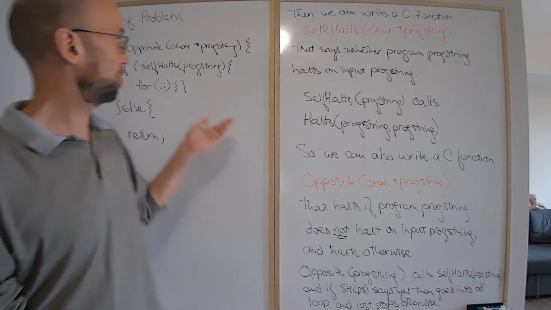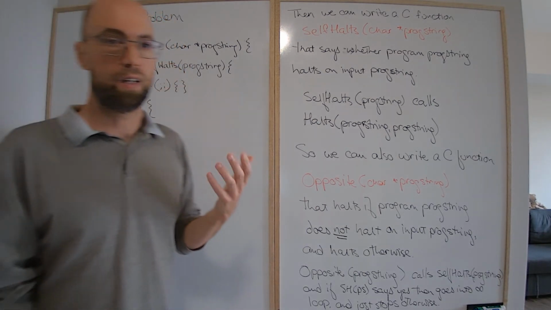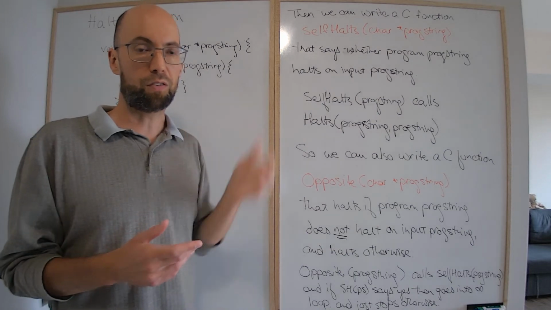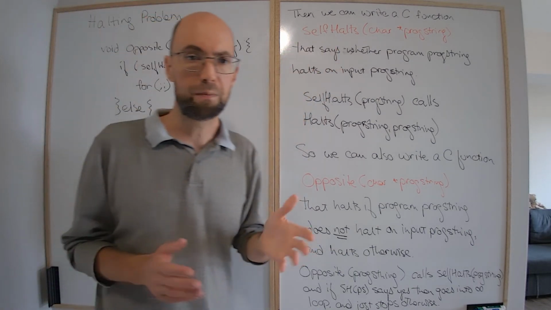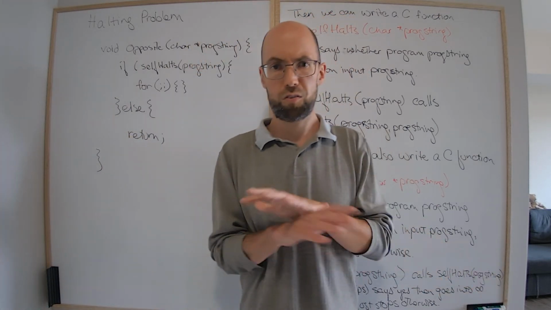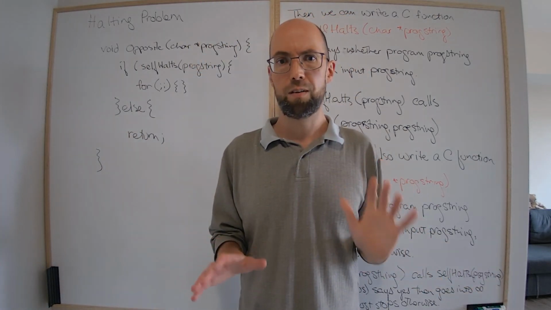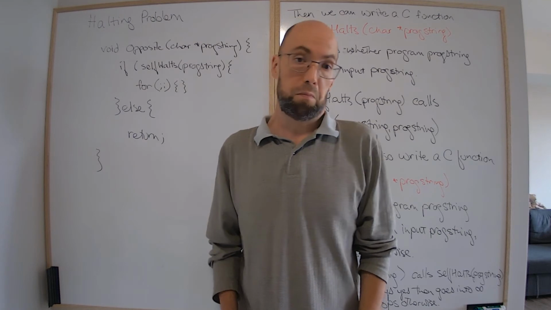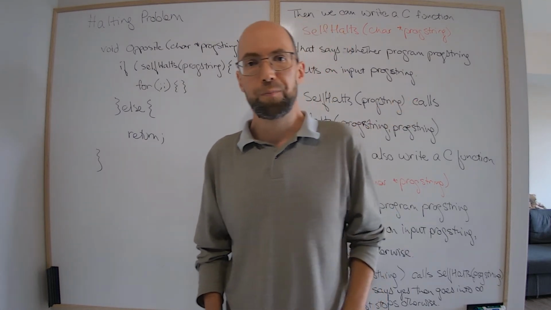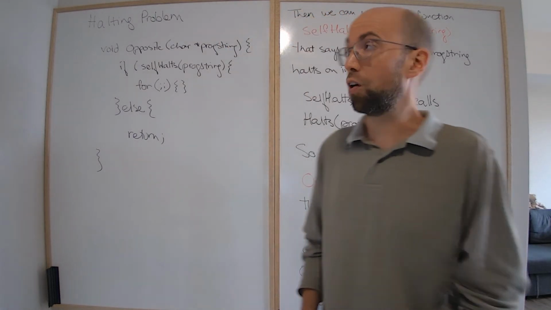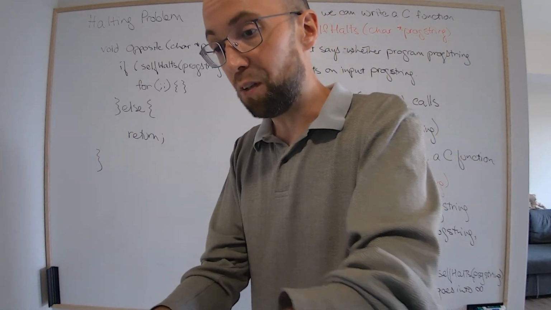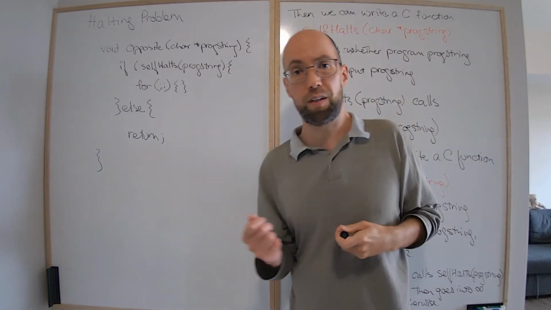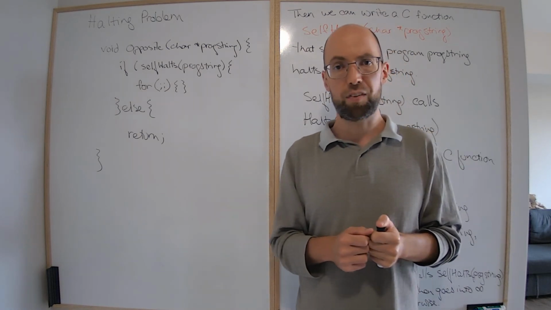And then instead of calling self halts, it takes prog string and calls halts on prog string like we set up here. Okay, so that's fine. This is normal so far, right? Sort of normal.